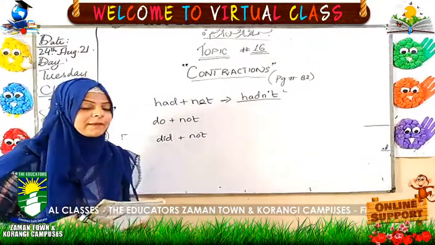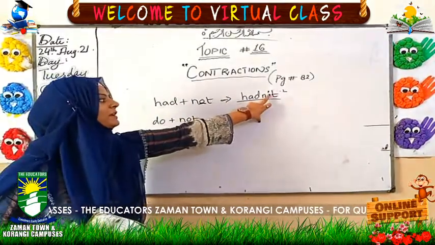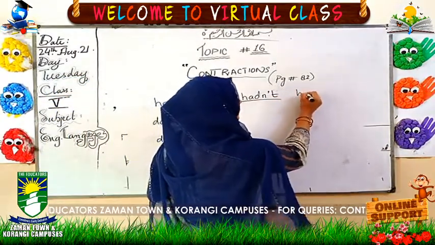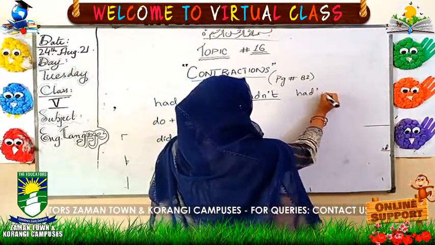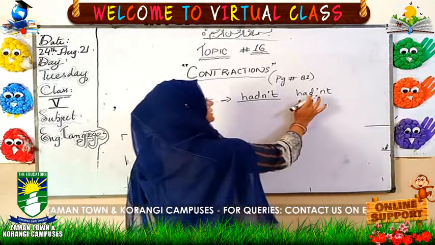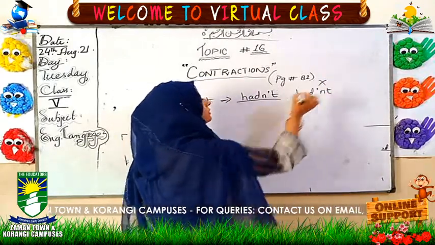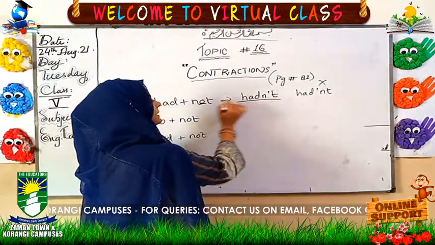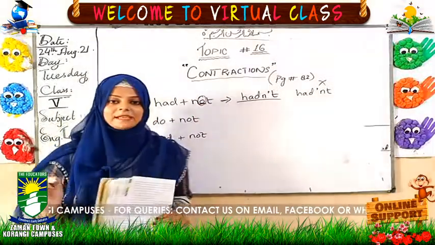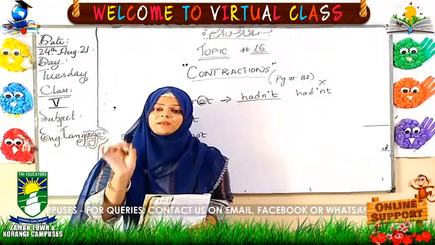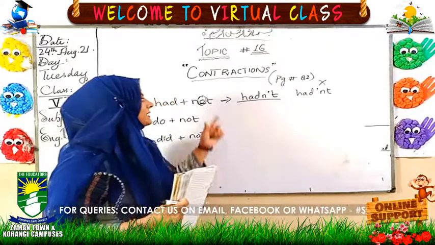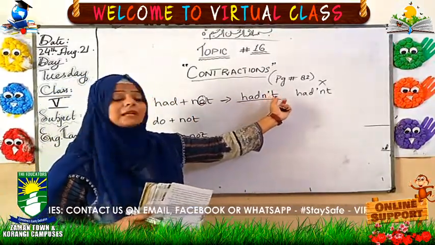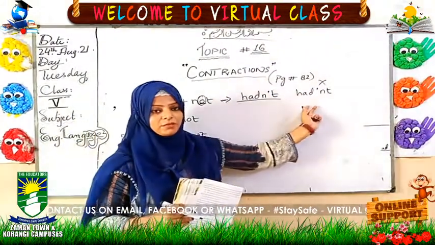We are going to skip the letter O, so we are going to add an apostrophe in between N and T. Many students make this mistake a lot of the time: they make a contraction in a different manner. This is wrong. Always form a contraction of not just like this, because as I told you, whatever letter we are skipping in a given sentence, we will add an apostrophe at that place. Here we are skipping the O from not, so we will put our apostrophe in between N and T, not before N and T, okay?